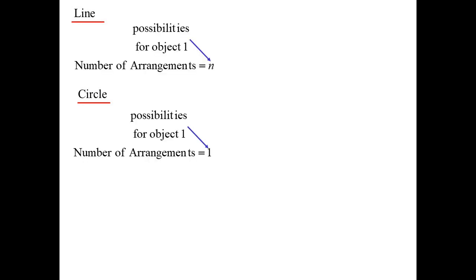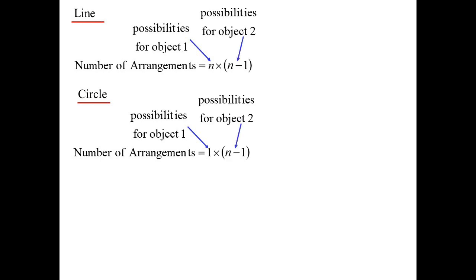So how does that affect our permutation? In a line, we'd start off and say, well, the first object has got n spots to go. But in the circle, we'd say, well, there's 1 spot it can go. But then once it comes to the second object, it becomes the same. Because once an object's placed in the circle, now all the other positions can be defined. 1 to the right of that person, or 1 to the left of that person, and so on.